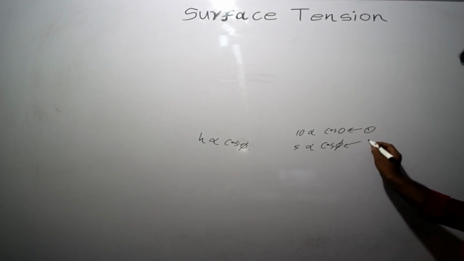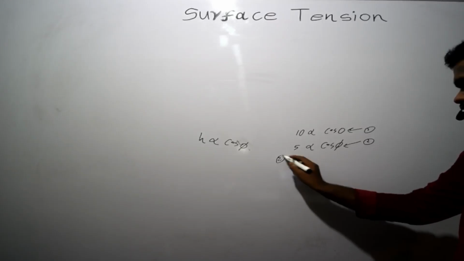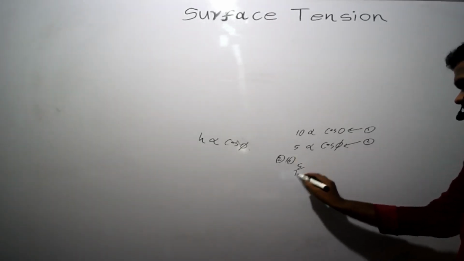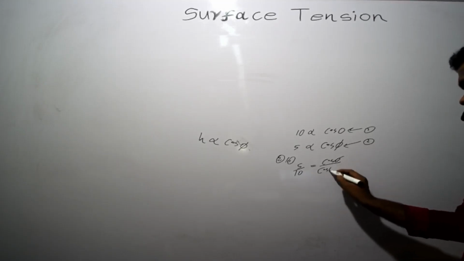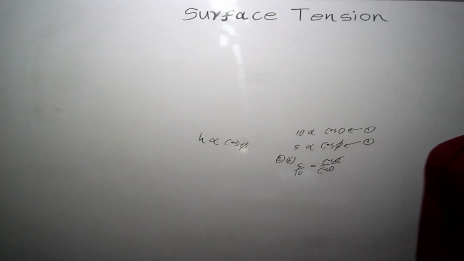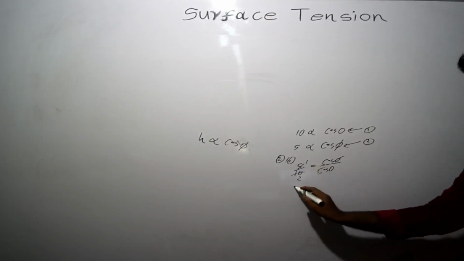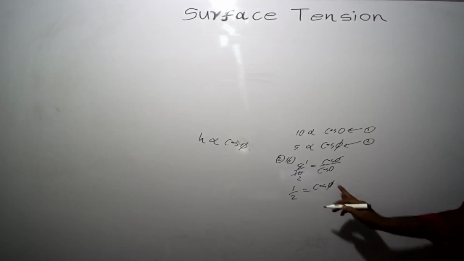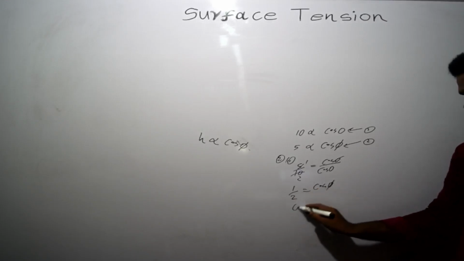First, second, divide 2 by 1. What do you get? 5 over 10 equals cos phi divided by cos 0. What's the value of cos 0? Cos 0 is 1, right? So 1 over 2 equals cos phi. So what should be the new contact angle? It should be 60 degrees, right?